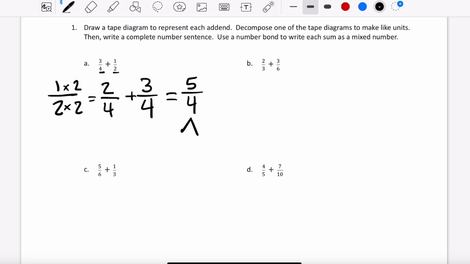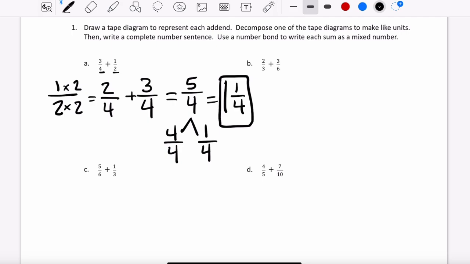So we know that we can make 1 whole by doing 4/4, and we would have 1 left over. So we have our 1 whole, and we have 1/4 left over, so that makes 1 1/4 as our answer.